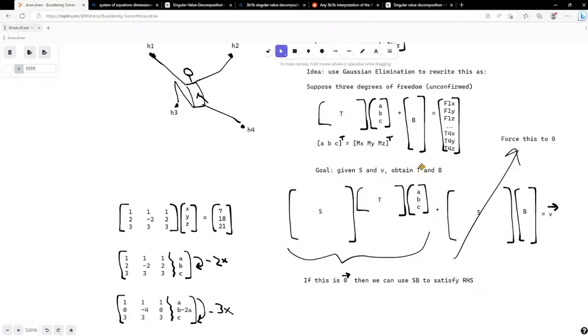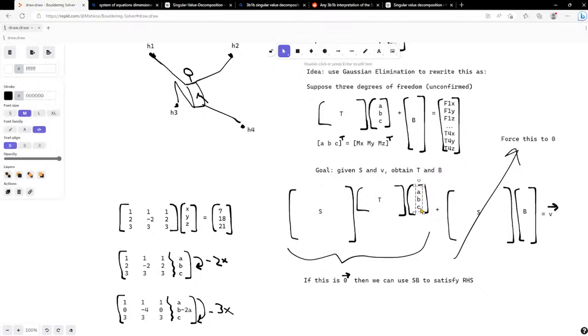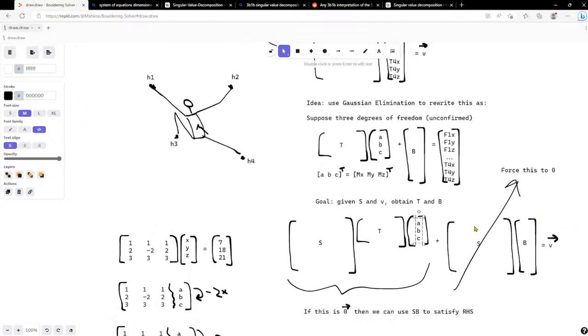No, of course not. Because if this was equal to v, then if I plug in 2a, 2b, 2c, by linearity, the outcome's going to be 2v. Right?